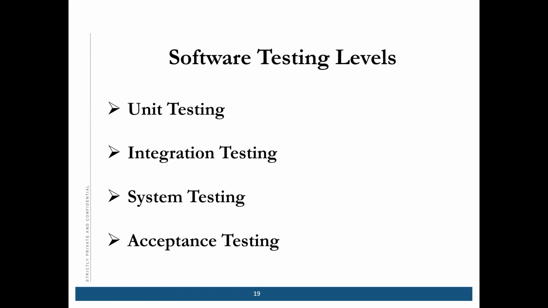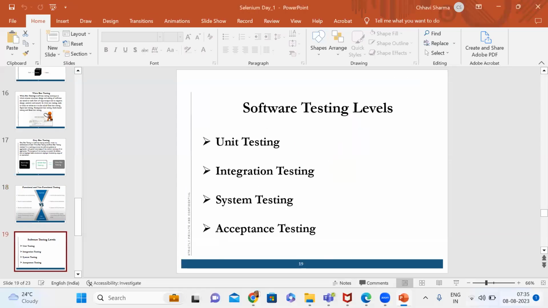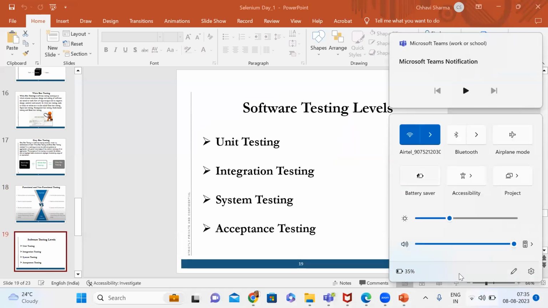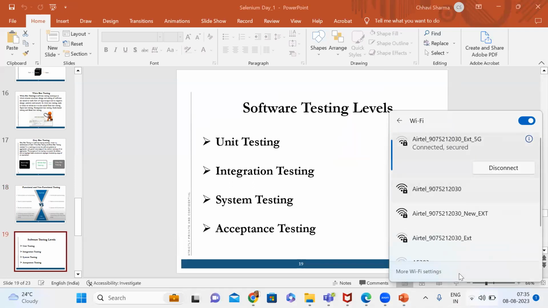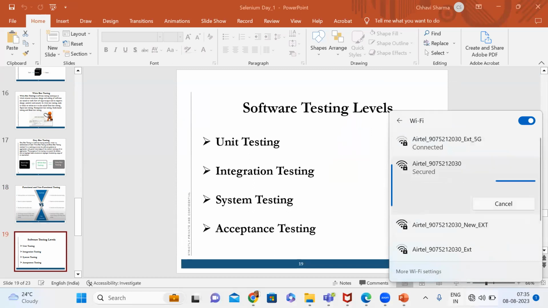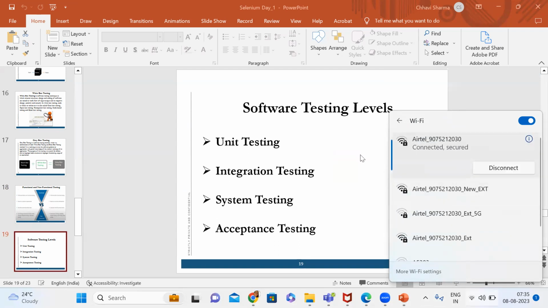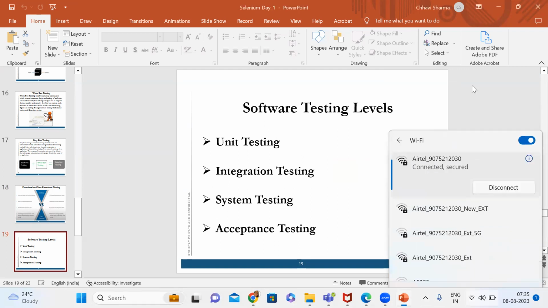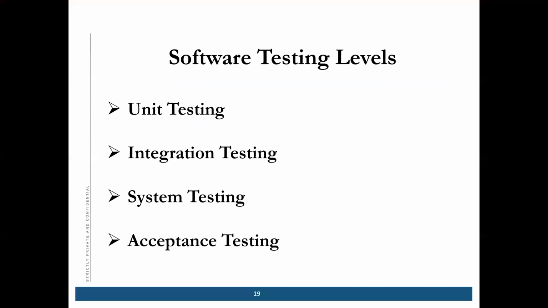If you have any doubt, you should go and check what is integration testing. Integration testing is basically when two modules are ready for testing, you have to integrate both the modules and do testing, to check that they operate together, work together, and are properly integrated or not.